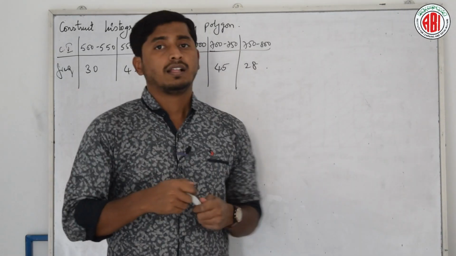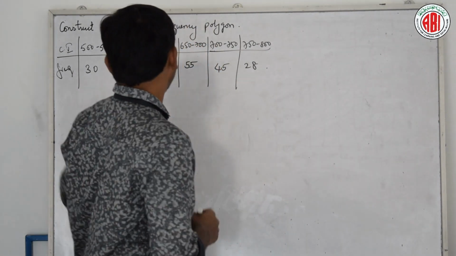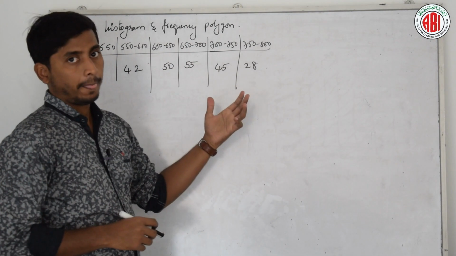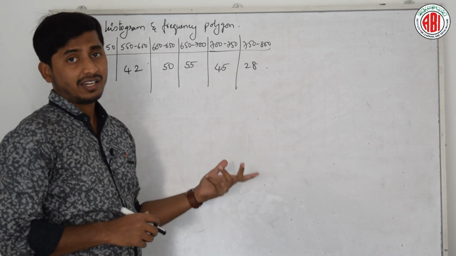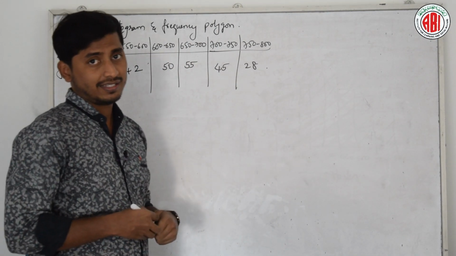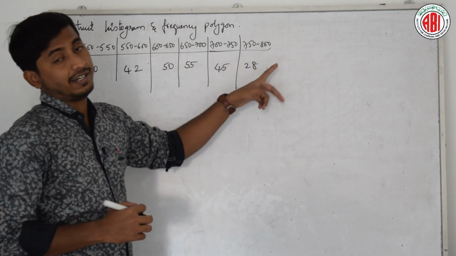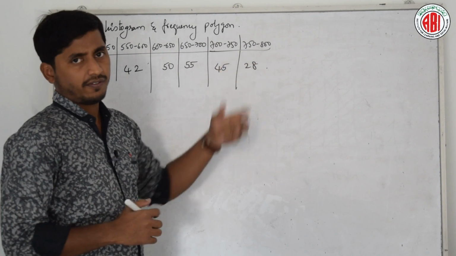Let's do. See here, the next question asks us to construct a histogram and frequency polygon. If we draw the histogram, automatically we can draw our frequency polygon, isn't it? Now the minimum number is 500, maximum is 800. What shall we do? Let us take 50-50 only.